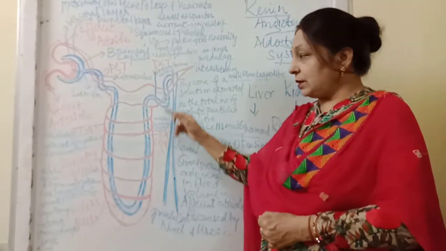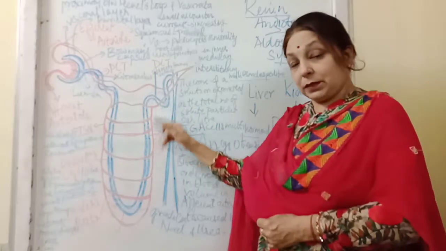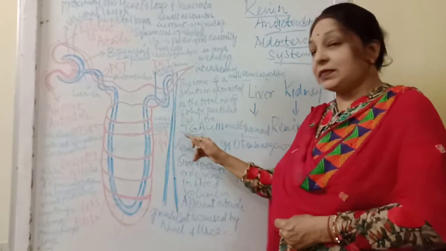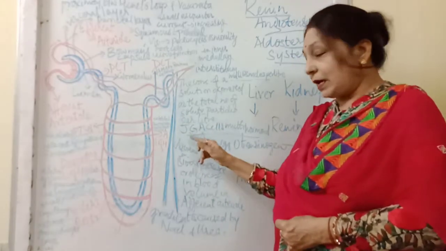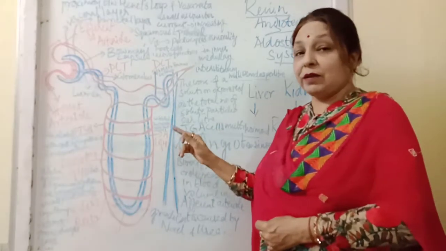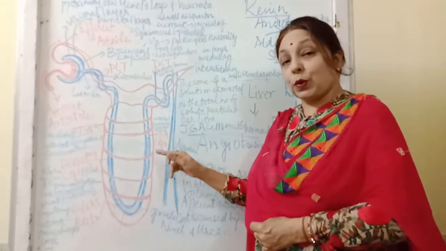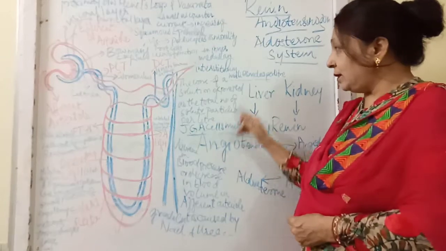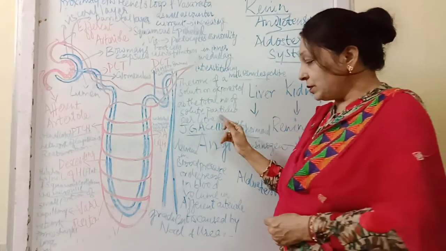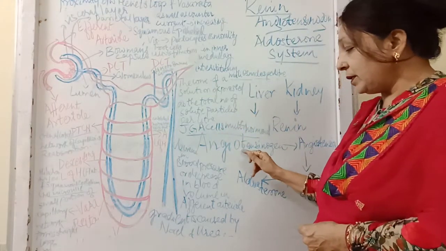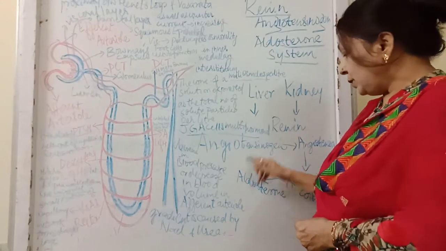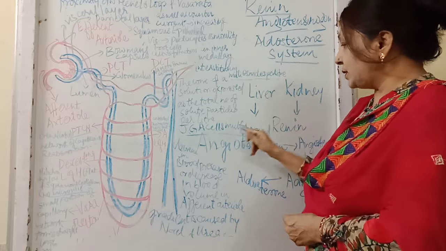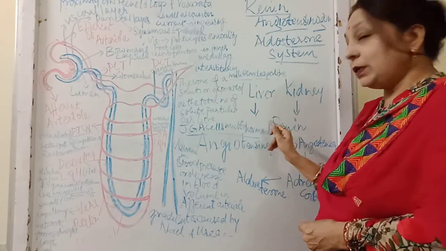Now this process of increasing the concentration, or the GFR rate, the glomerular filtration rate I told you about already, is solely regulated by hormones. It is all a multi-hormonal process.